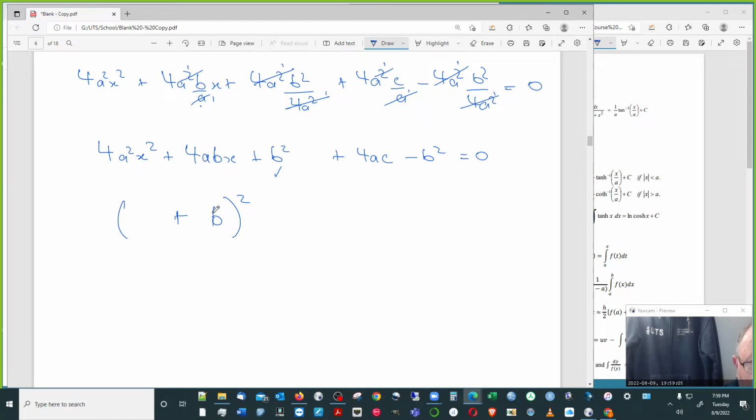I've already got a b, so it looks like 2ax. Let's try that. 2ax squared, 4a squared x squared, tick. 2ax times b times 2 is 4abx. We did it, tick. Okay, so we've got 4ac, so that's our perfect square, minus b squared equals 0.